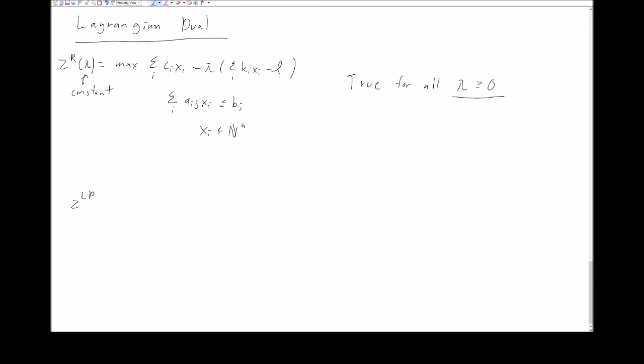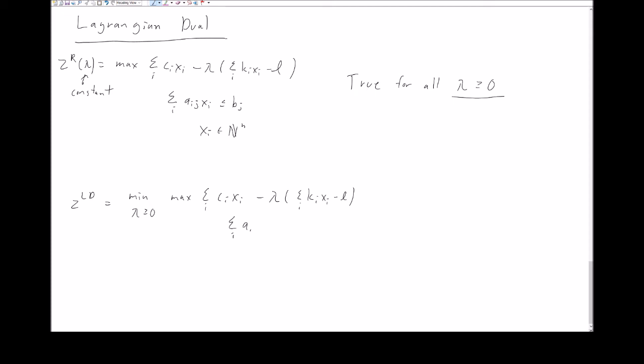So the Lagrangian dual, instead of fixing the value of all of the lambdas, what we're going to do is take the minimum value over all of the lambdas that are greater than or equal to 0, and then solve on the inside our original maximization problem. The sum of ki xi minus L. And we're still subject to the same constraints.